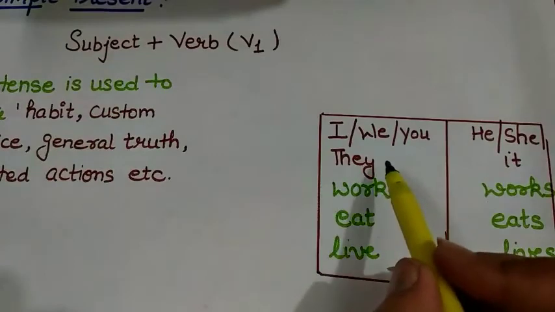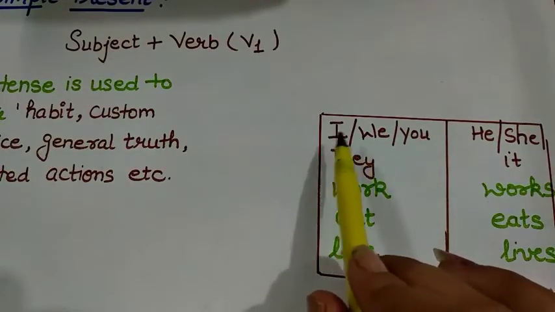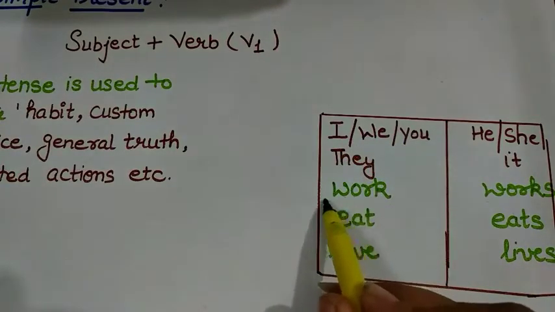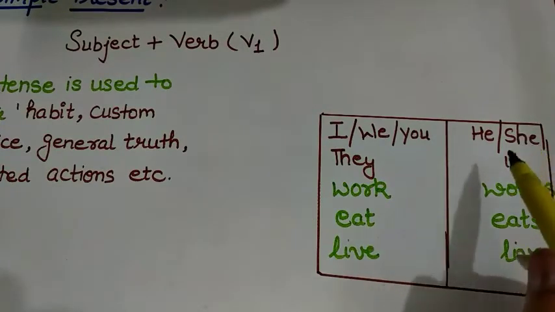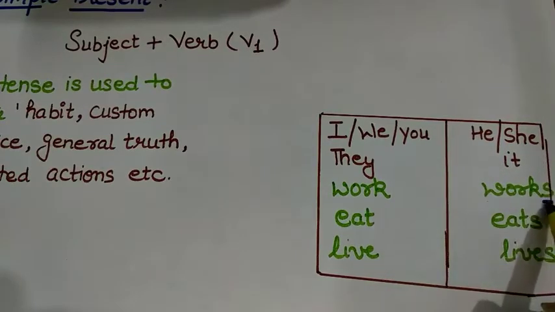You can see a table here. When the subject is I, we, you and they, we use a verb like work, eat, live. But when the subject is he, she or it, we use s with that verb like works, eats, lives.